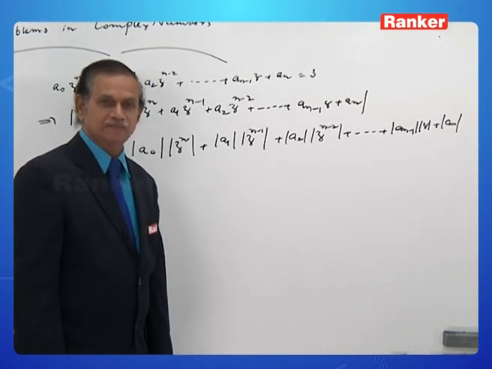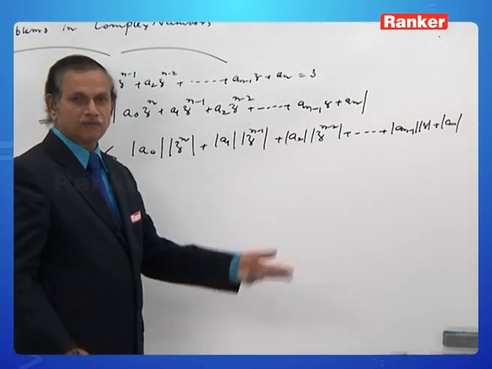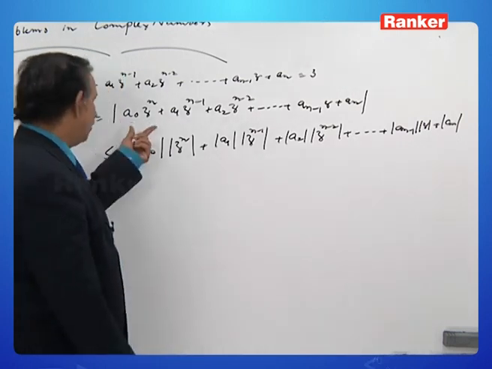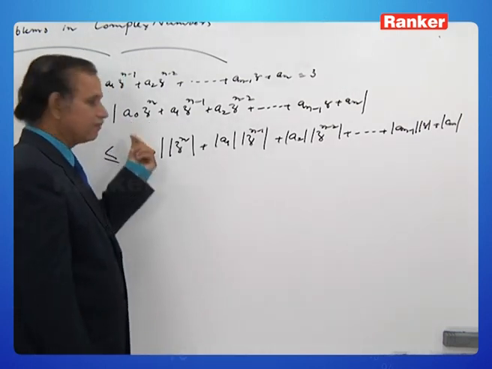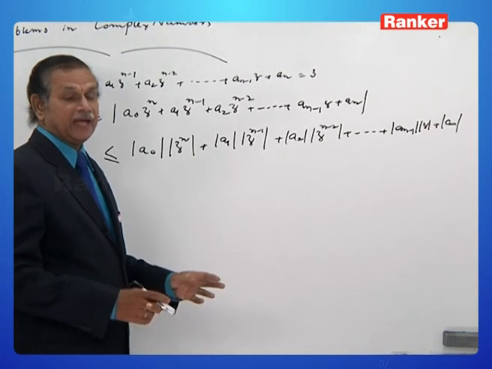We have got this step from |a + b| less than or equal to |a| + |b|. Again, the modulus of a0 z^n is nothing but |a0| into |z|^n.